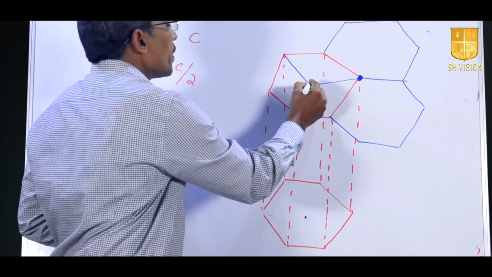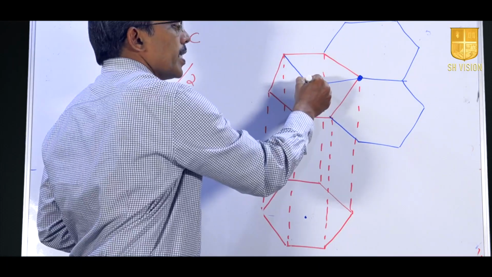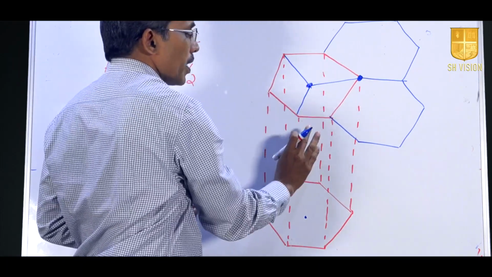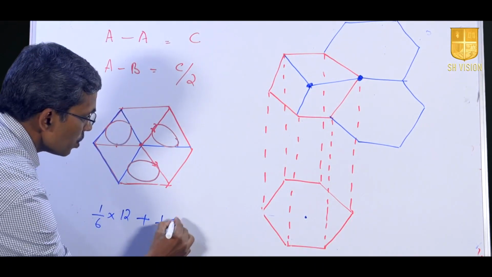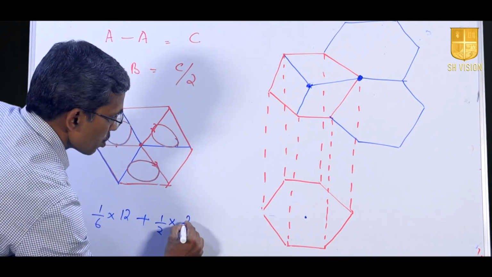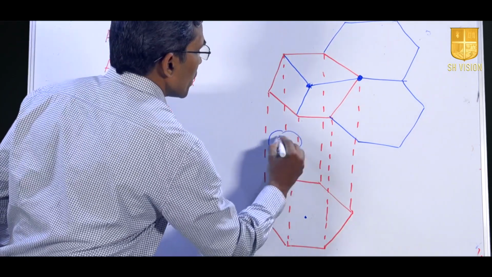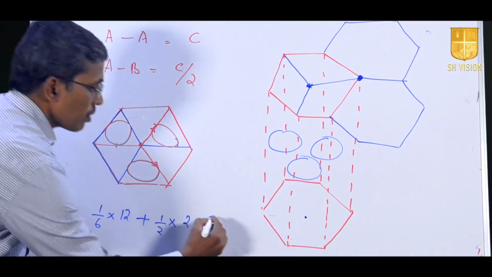Then this face center atom will be shared between one below and one above. Therefore only 1/2 will be available in one particular unit cell. So it is 1/2 into 2, as there are 2 such atoms, plus these 3 atoms coming well inside, therefore there will be 3.